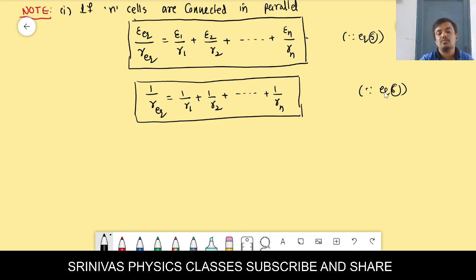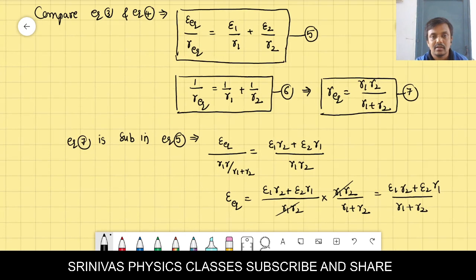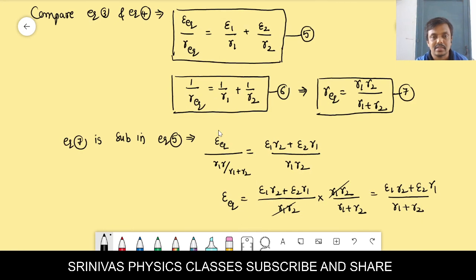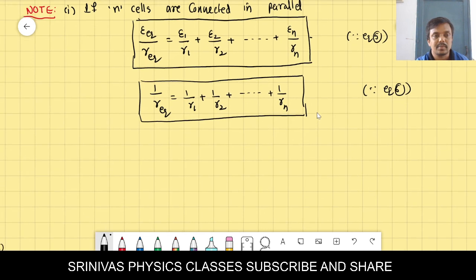There we derived for only two cells. Here we are writing these formulas for n cells, that's all. Let us see equations 5 and 6. We derived them for two cells, and we are writing the formula for n cells. This is the first point.